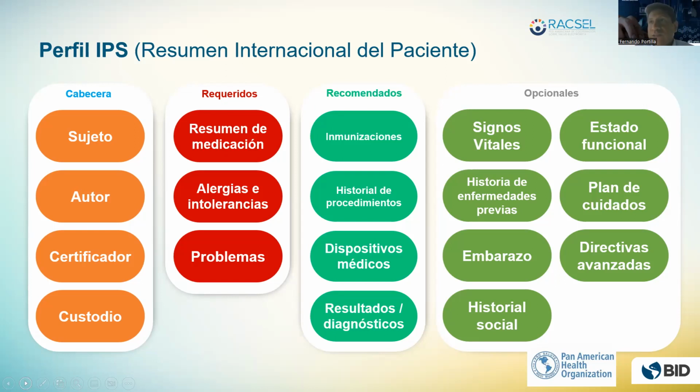And this is the context, the general context information. Since it's an electronic document, the IPS contains this data: who is the patient, the subject, the author who created the document, the physician creating that document, who validates it, the certifier, and who is the custodian, where it is stored.